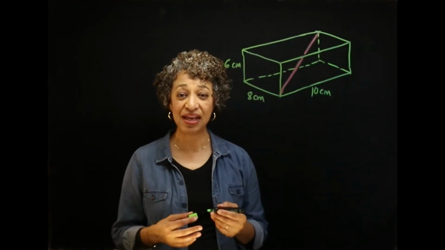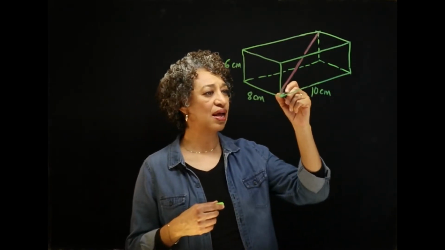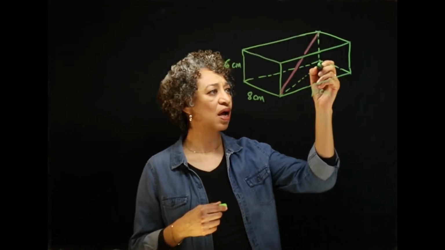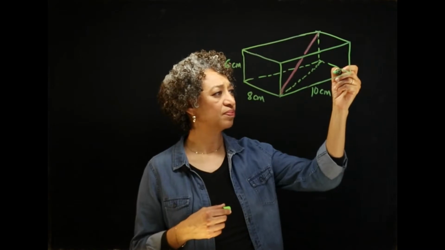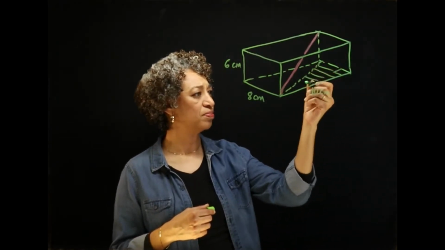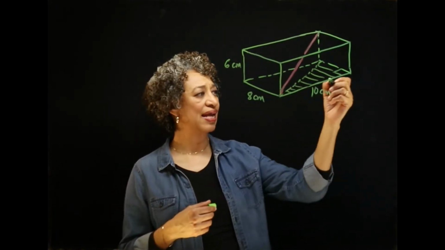To begin, let's use the Pythagorean theorem with this triangle that is lying on the bottom of the box. I'm drawing in the hypotenuse here, and here is our triangle. Can you see this triangle lying on the bottom of the box? Okay. Now, one leg is 10.